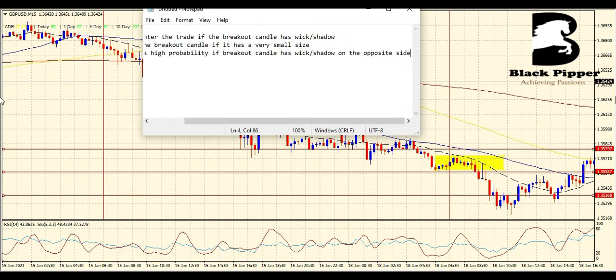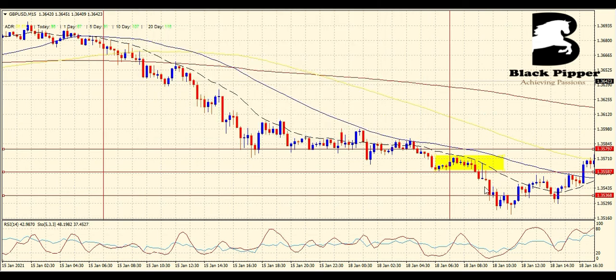For example, see this candle: it has a very big wick or shadow on the upside, and the breakout has occurred on the sell side, on the downside.